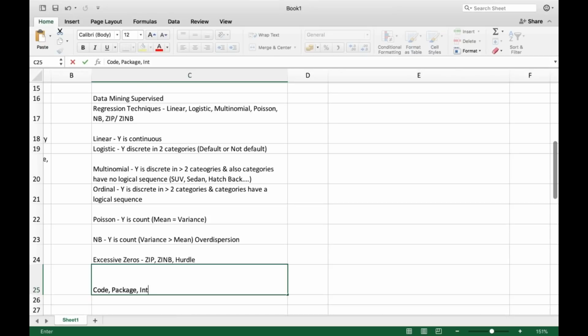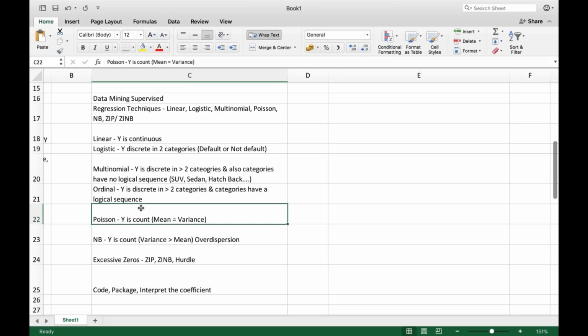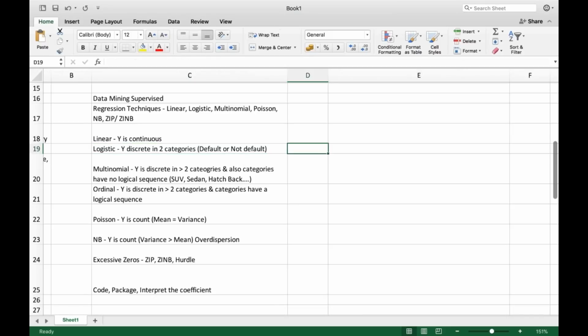And how do you interpret the coefficient values? If I get beta 1 is equal to 1.23 in Poisson, what does that mean? Etc. And in logistic regression, the beta values that you get are log of betas, not directly betas. And in Poisson or negative binomial, the output variable is not directly output, it is log of it.